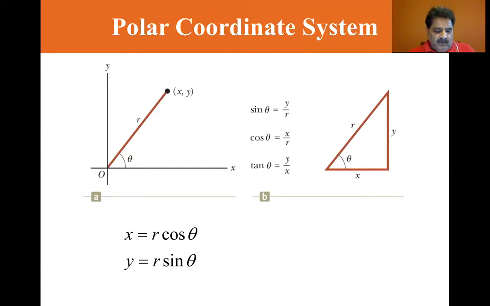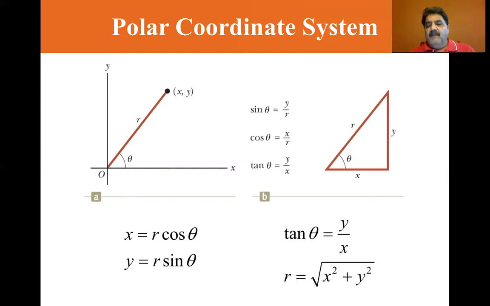If you start with rectangular, you can figure out the angle: tangent theta is equal to Y over X, so theta is the arctangent of Y over X. And R is equal to the square root of X squared plus Y squared, the old Pythagorean theorem. These are good equations to memorize and use.